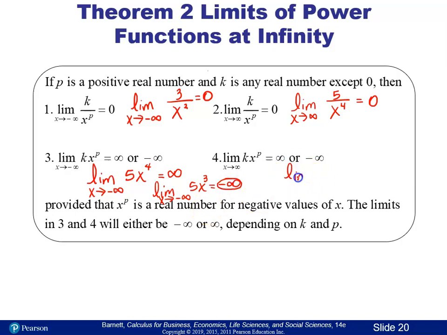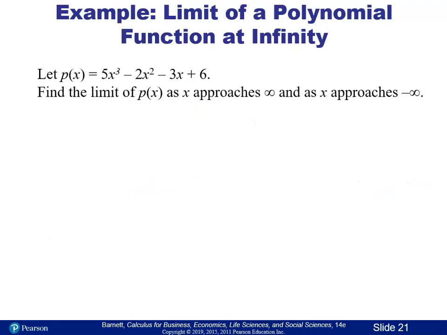Now, over here, if x is going to positive infinity, it really just depends on whether the 2 is positive or negative as to which direction this is going to go. But let's say we have something like this, then that's going to be going to infinity. If I had something like the limit as x goes to infinity of negative 2x to the fifth, then that's going to go to negative infinity. So it is really important to understand those 4 rules there.